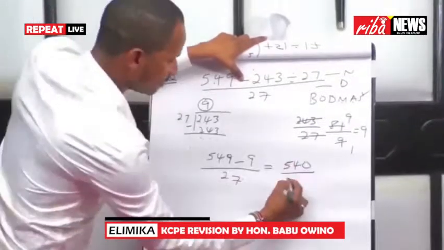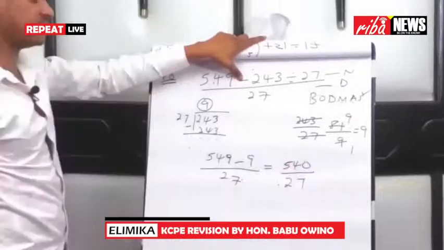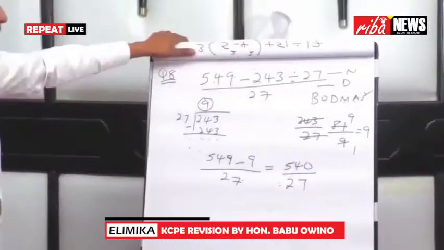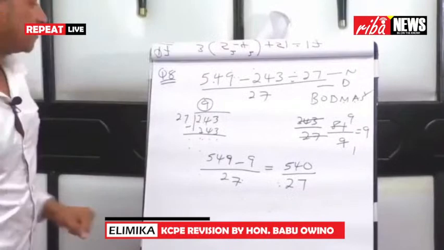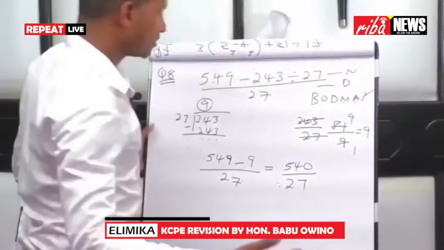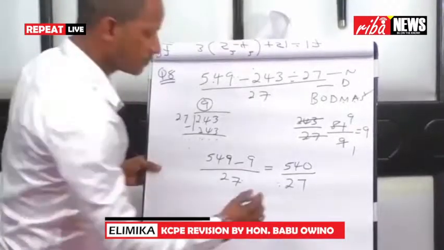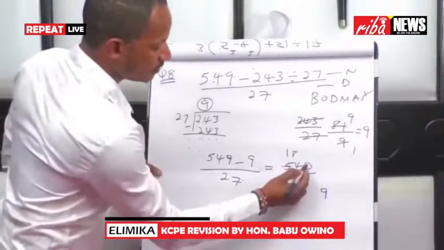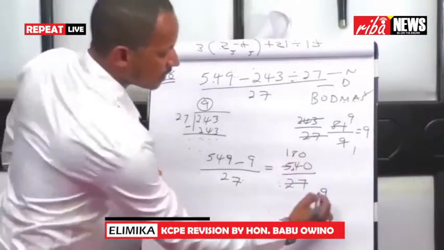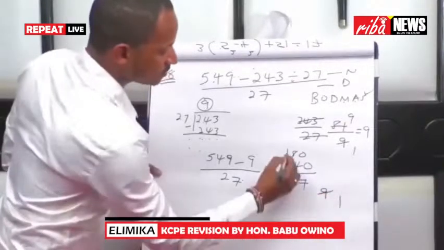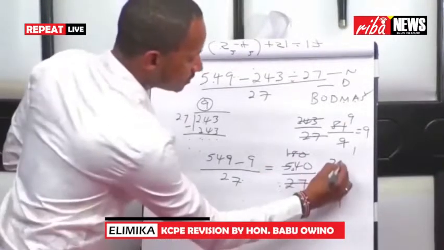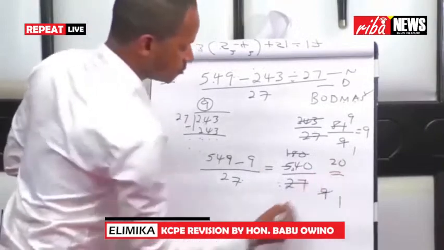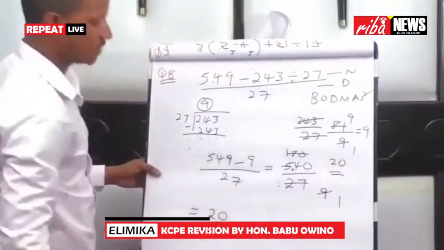Divide by 27. Okay? So when we divide this, we can take the least prime number, which is 3. 3 into 54, 18 times. Then 0. Then 9 goes into 9 once. 9 goes into 18 twice. Then 0. So this is 20. So our answer is 20.